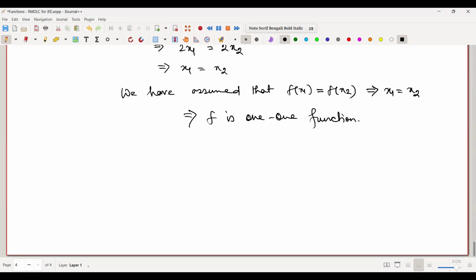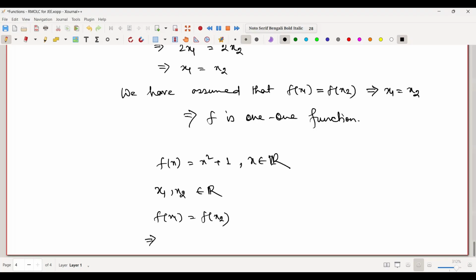Okay, now take another example, f(x) equal to x square plus 1. Again we are taking two elements. Suppose x1, x2 belong to R. Now f(x1) equal to f(x2). This implies that f(x1) is x1 whole square plus 1, and f(x2) is x2 whole square plus 1.